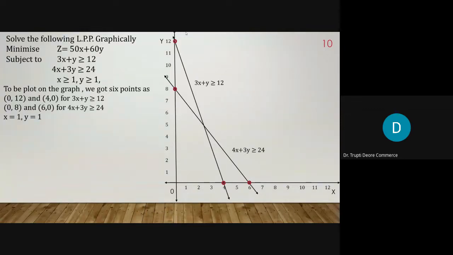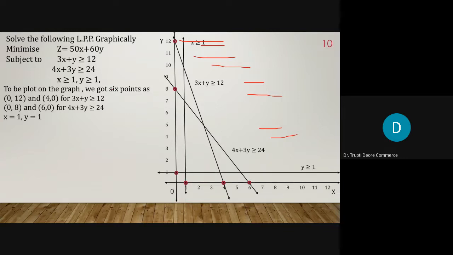Now both lines are greater than or equal to 24. It means we have a convex area, it is the greater-than side. So it's always here. Okay, remember this. Now the next point is x is 1 and y is 1. So x is 1 line is this, and y is 1 line is this one.